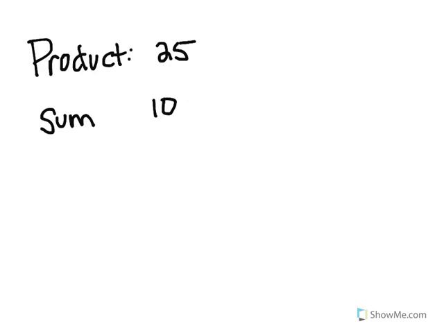You have to know the difference between a product and a sum. So let's say I have a number where the two numbers I've multiplied together give me 25. That's a product. That's when we have two numbers that we multiply together that will give me a product.